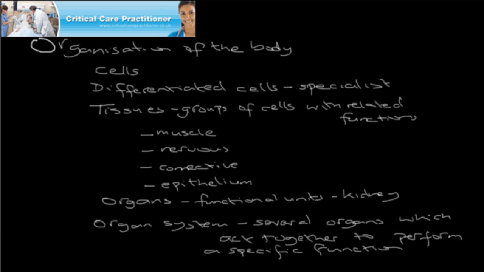And an example of that would be the renal system. So the renal system comprises the kidneys, the bladder and the ureters. So they perform a very specific function.